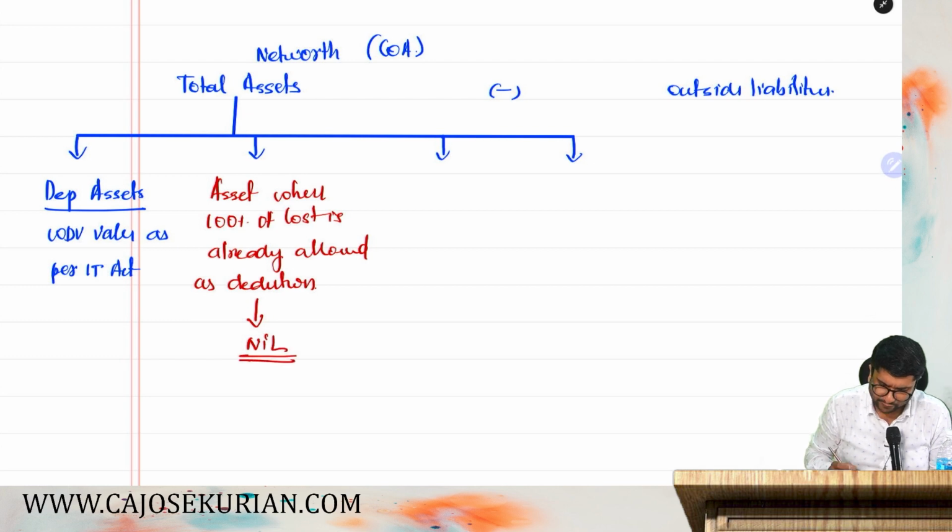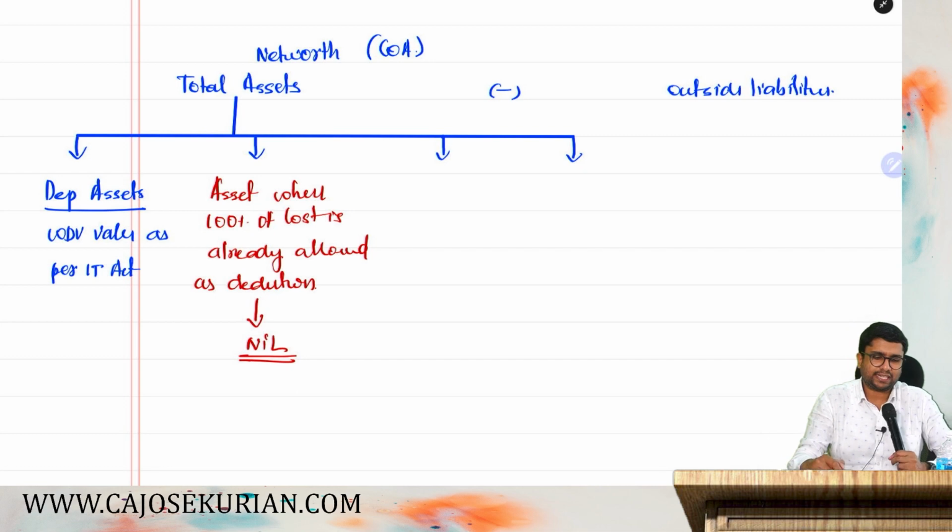What is this asset where 100% of the cost is already allowed as deduction? Tell me, what is that asset? 35AD or 35 scientific research assets, etc., where you claim your entire cost of that particular asset in one go, then you take 0 as that asset's value.